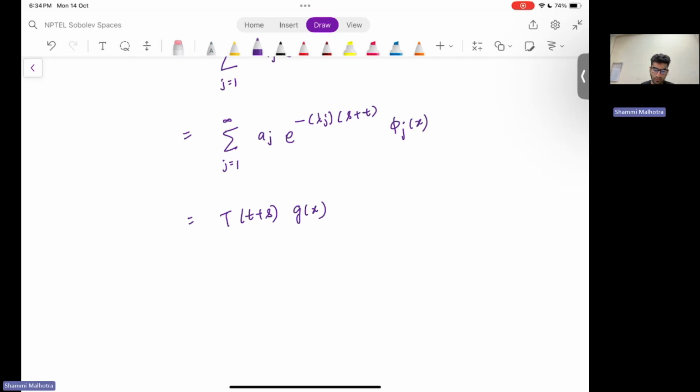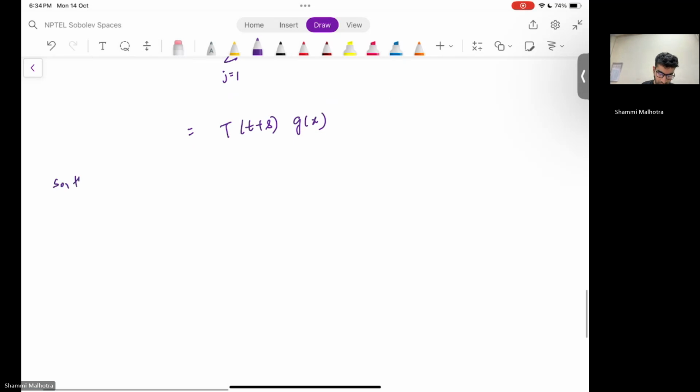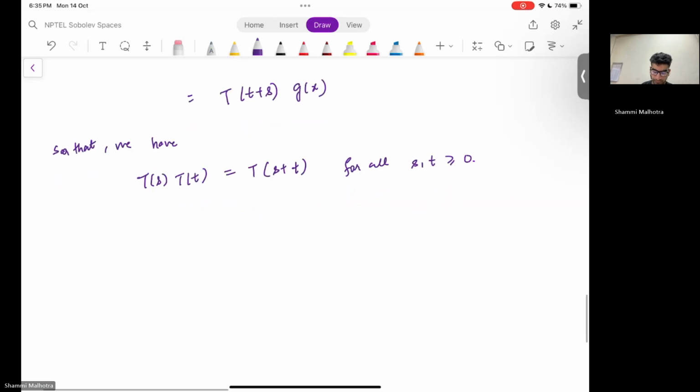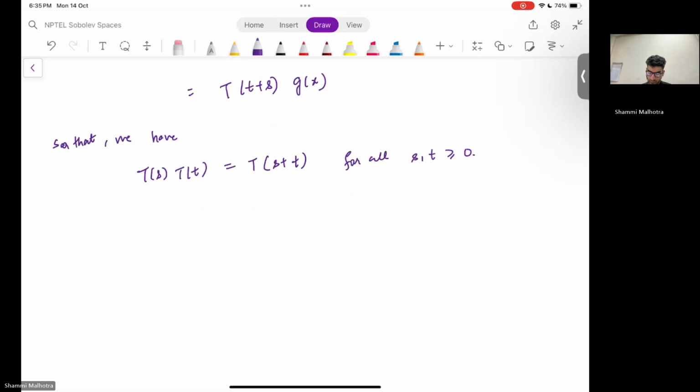So what this implies is that we have T(s)T(t) equal to T(s+t) for all s and t greater than or equal to 0. So we have this next property as well, the semigroup property is there.